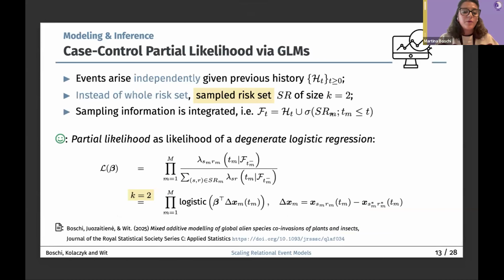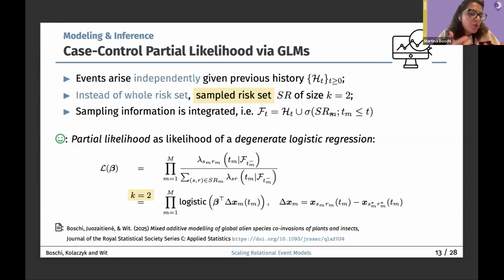Estimation is usually performed via maximum likelihood, so we compute the probability of our event sequence as the joint product of the probability of events, that is expressed as a ratio between the rate of occurrence of an event and the sum of the rates of all events competing at that time.